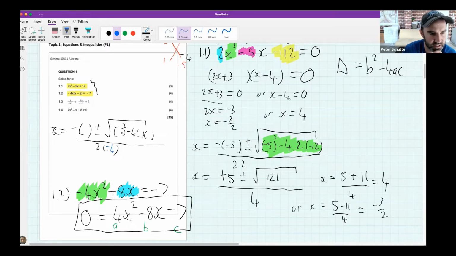And then this one over here, the squared is b, so that's going to be a -8. This is a -4. Oh, this was c, so that's -7. And then this one over here should be -b, so it's a -8. And then we can clean things up a little bit, because minus a minus is a plus.